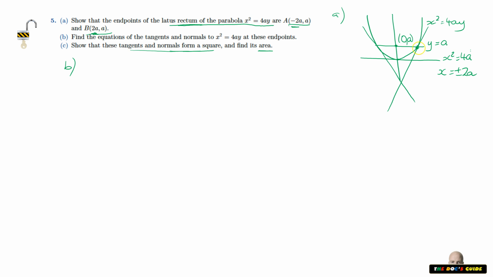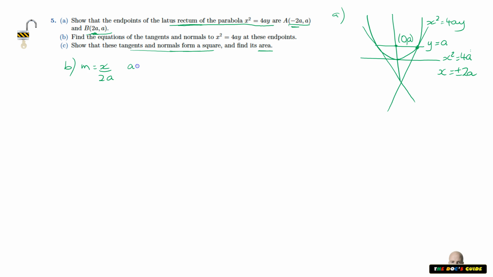So what's the slope of the tangent anywhere? We saw that m anywhere is going to be, if we make y the subject, y is x squared on 4a, so that will differentiate to be 2x on 4a, so the slope anywhere on our parabola is x on 2a.